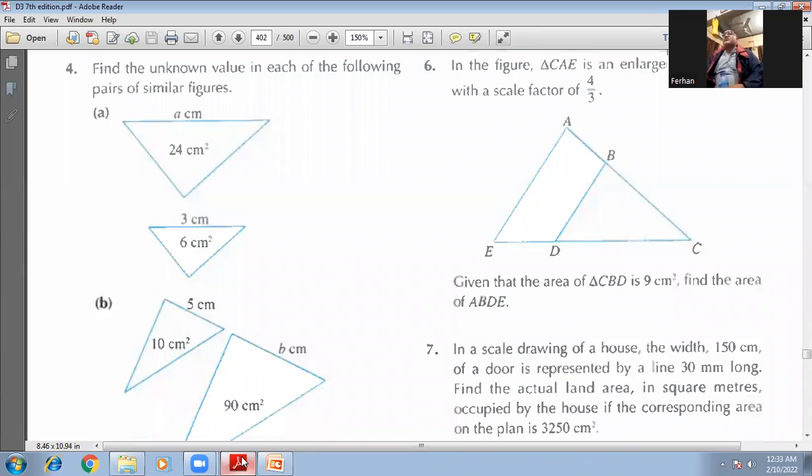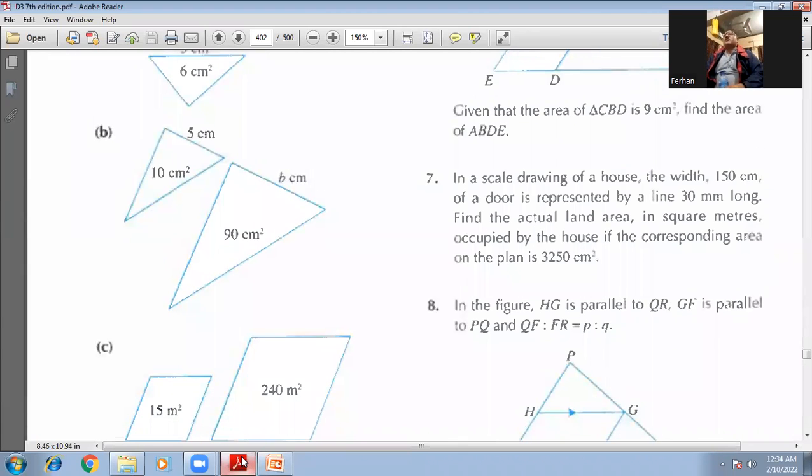Okay, so let's move to the next question. The next question coming up on your screen is question number 7. In a scale drawing of a house, the width 150 centimeter of a door is represented by a line 30 millimeter long.